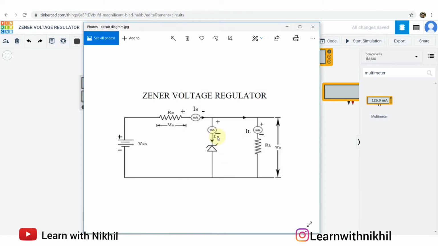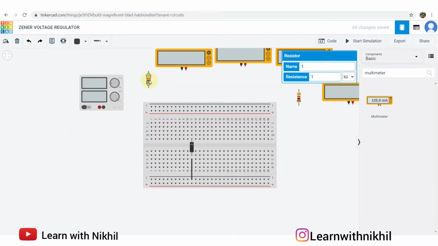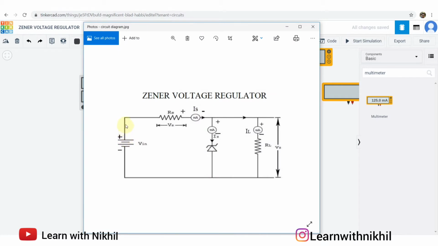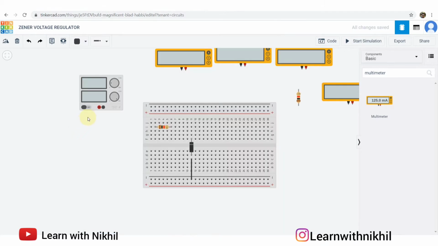Now first, positive is attached to a resistor RS. So this resistor I'll attach it here. The value of the resistor, I'll keep it 1 kilo ohms. So the positive of the power supply is attached to the resistor. So this is the positive of power supply.